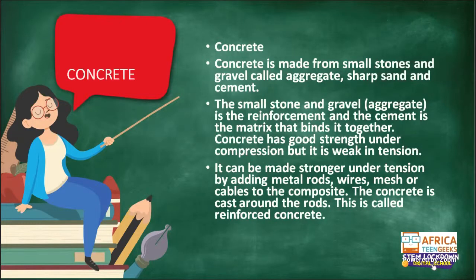If the concrete is not reinforced or the structural elements are not reinforced, what is going to happen is that the building will collapse and the people will lose their lives. All right. So for those kinds of buildings, what they do is that they reinforce the concrete by adding metal rods so that the structure of the building can withstand environmental hazards.